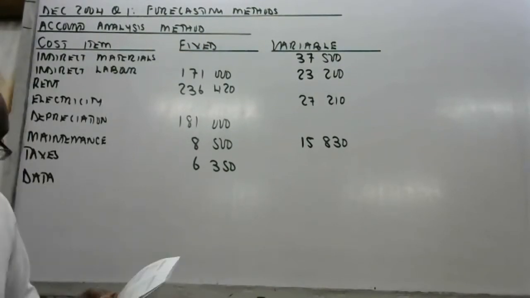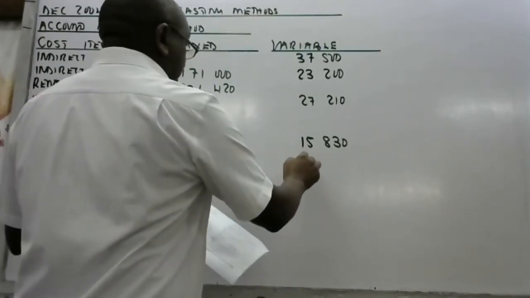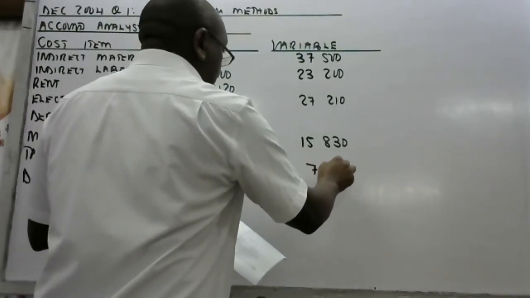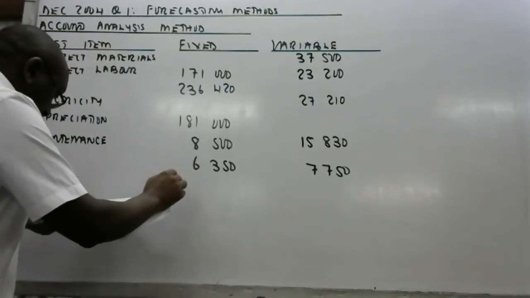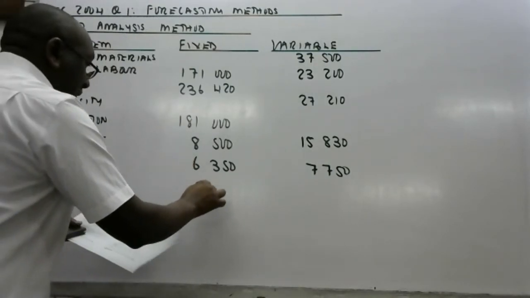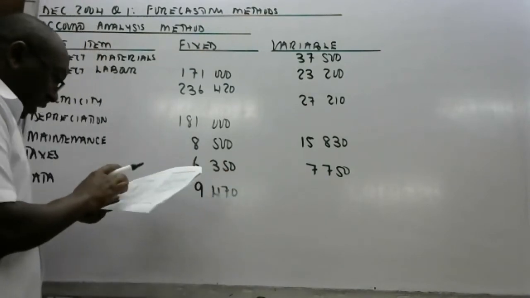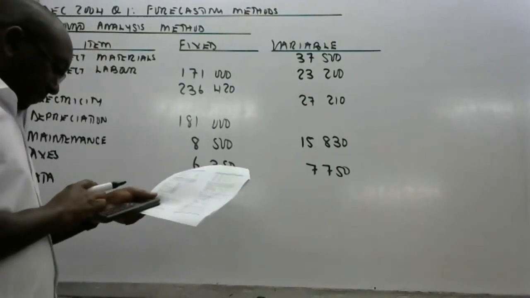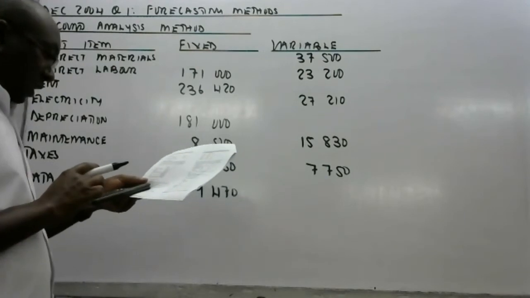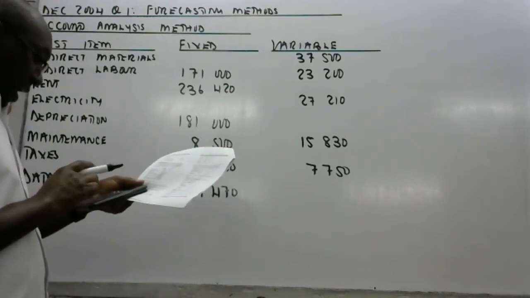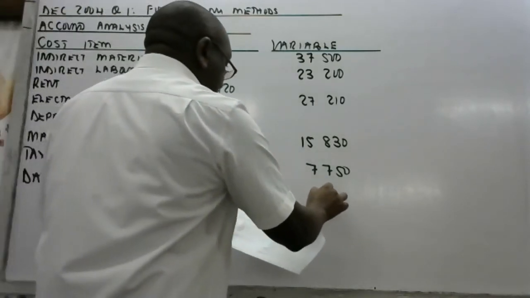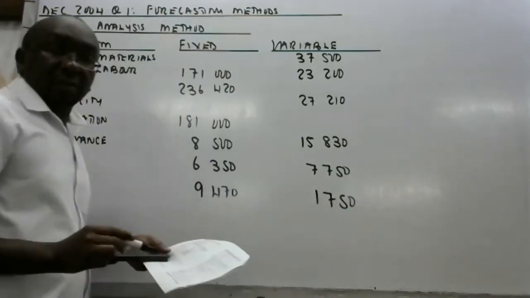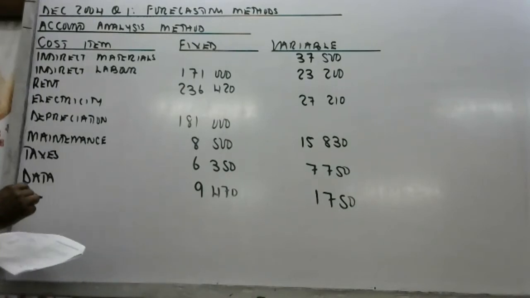So this one should be 7750. Then for data ikiwa na 9470, unastahili kuchukua nao 11,220 minus 9470, 1750.